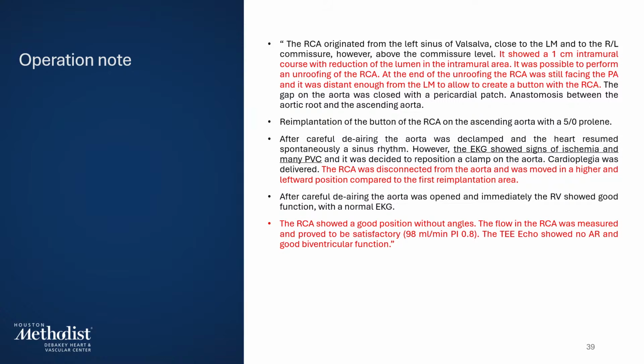In the first attempt, after the first reimplantation, there were ischemic EKG changes and many PVCs. So he disconnected the RCA and moved it to a higher and more leftward position compared to the first reimplantation area. At the end of the surgery, the RCA was in a good position, with good flows, and there was no aortic regurgitation on the TEE.